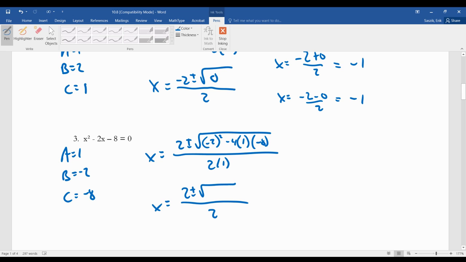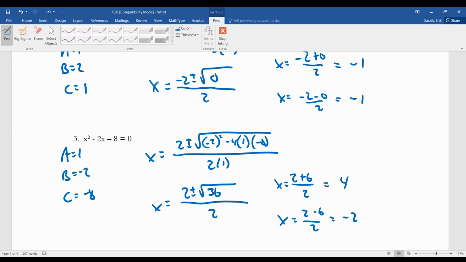The number inside the square root here becomes a 36. That's a perfect square, and we know that the square root of 36 is just 6. So here, 2 plus 6 is 8 over 2 is 4. Now we have to do the minus. That would be negative 4 over 2, which is negative 2. So on this one, we got 2 answers.